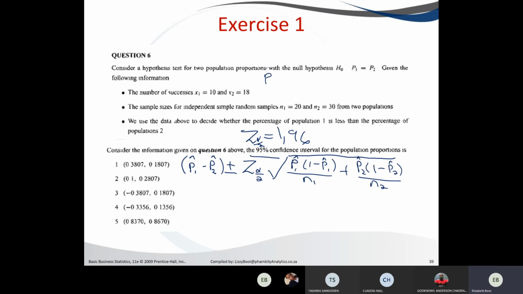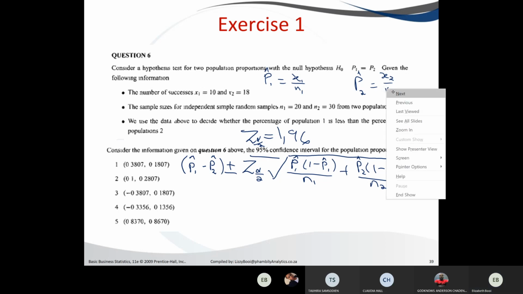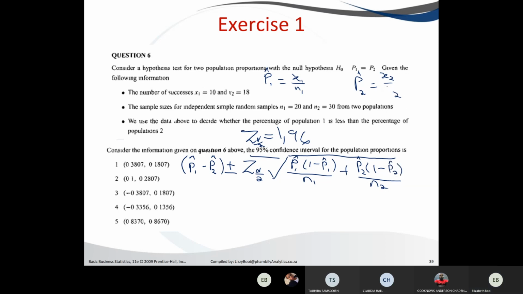Remember that P1 is X1 divided by N1, and P2, that is what you need to always remember, is X2 divided by N2. And that is your exercise.